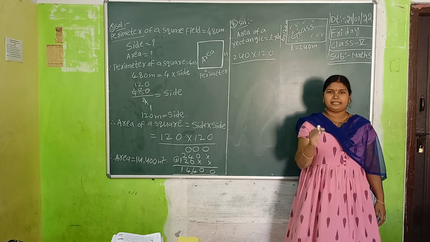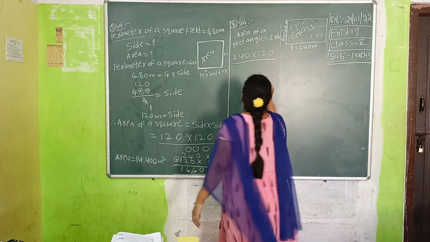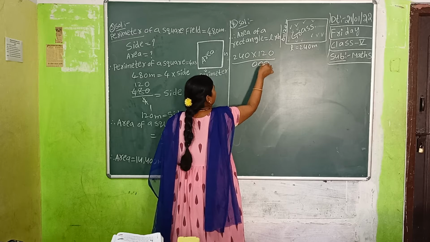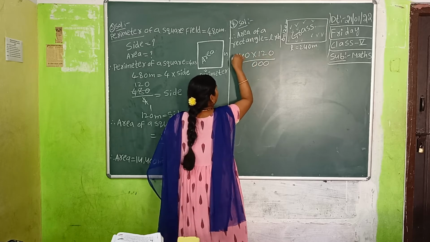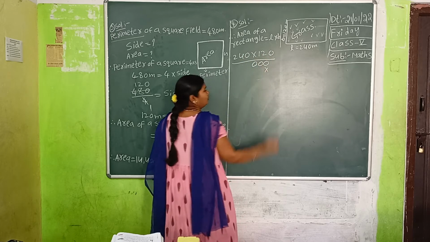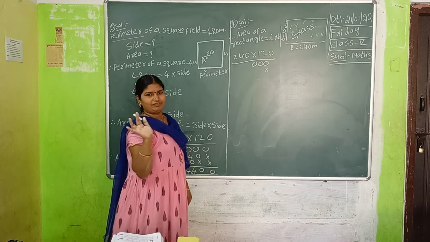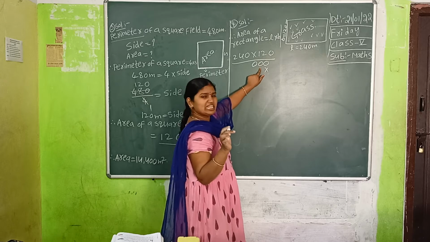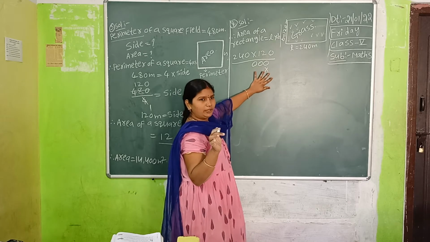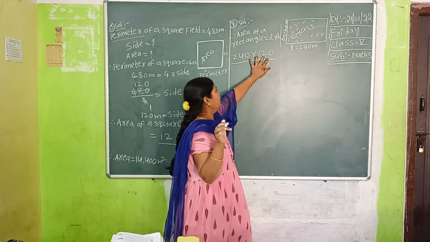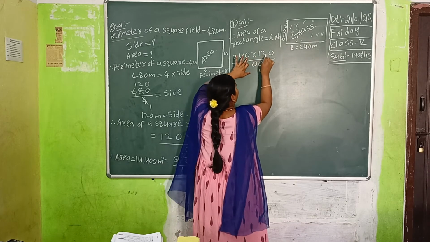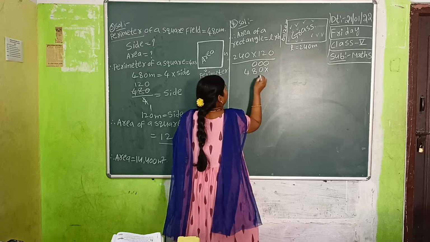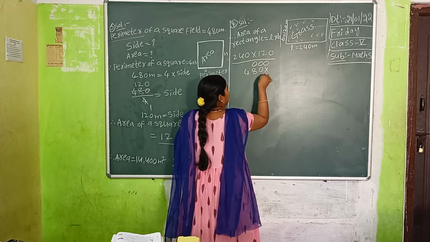You are getting the area of the rectangle. 0 to multiply means you are getting 0 only. 0 into 0, 0. 0 into 4, 0. 0 into 2, 0. Ones place over. So I am keeping a cross symbol in the ones place. Why I am keeping it: the tens place answer starts in the tens place only. So you have to keep the cross in the ones place. 2 into 0, 0. 2 4s are 8. 2 2s are 4. Ones place over, tens place over.